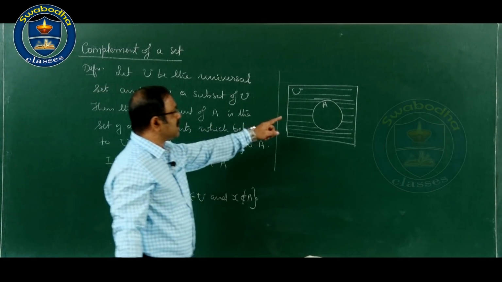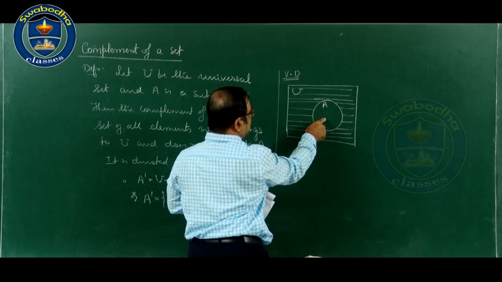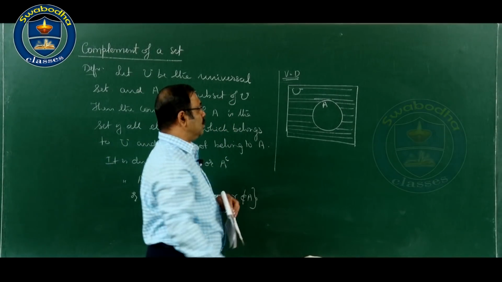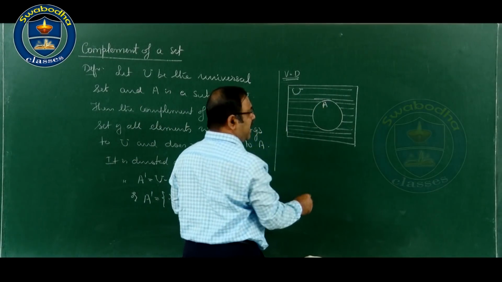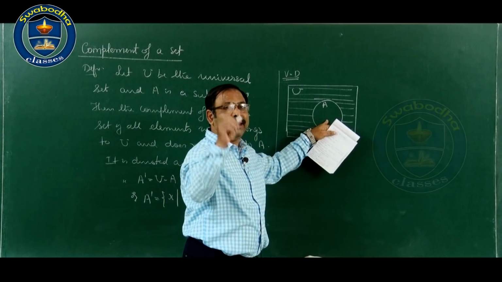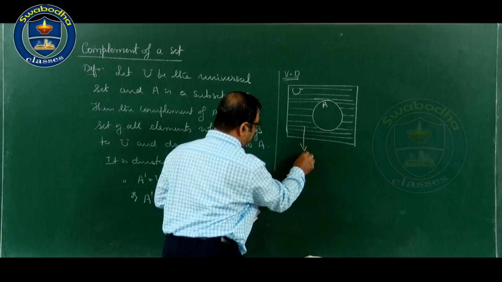In the Venn diagram it is clear. A is a subset of U. Now, what is U minus A? All those elements which are in U but not in A. This is A complement.